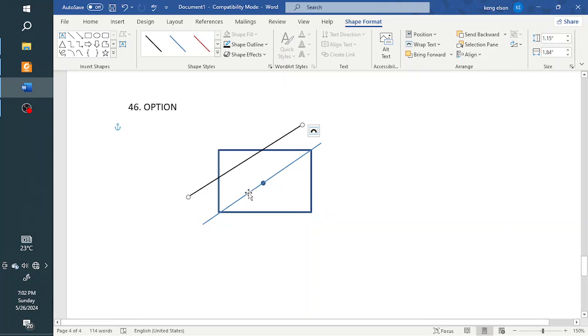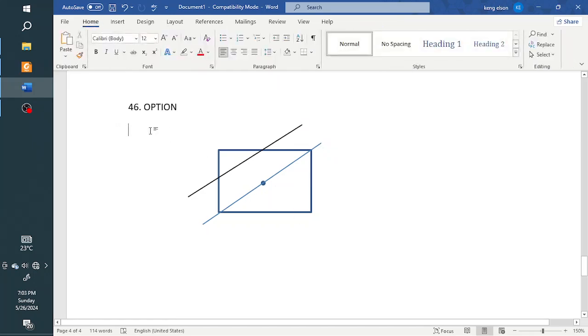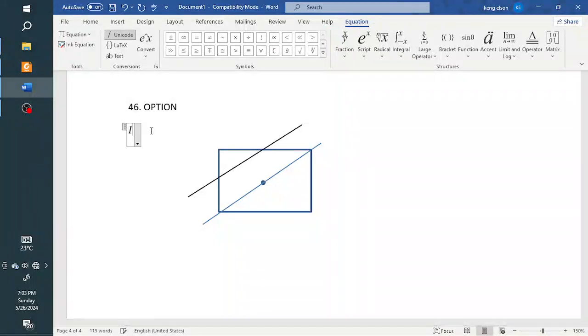So you realize that this axis and this axis are both parallel because the two axes are perpendicular to the lamina itself. So we can use the parallel axis theorem, and it says that the moment of inertia about the required axis is equal to the moment of inertia about the axis passing through the center plus the mass of the lamina times the square of the distance separating the two axes.